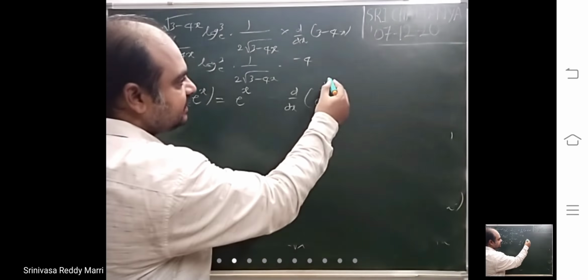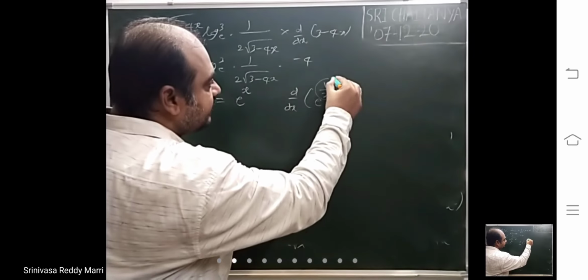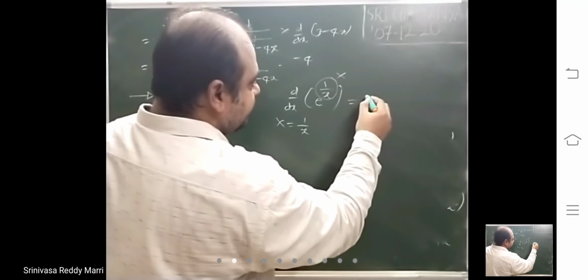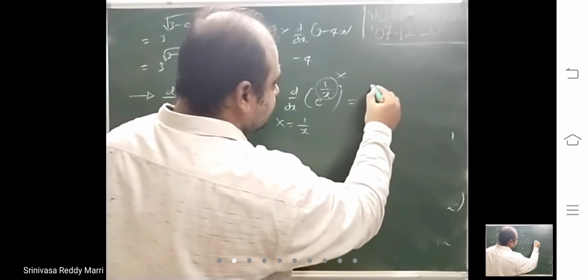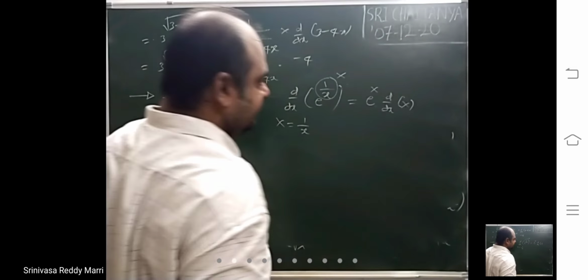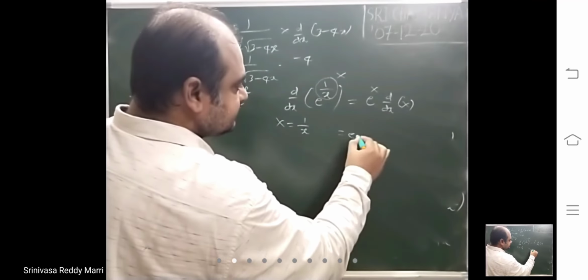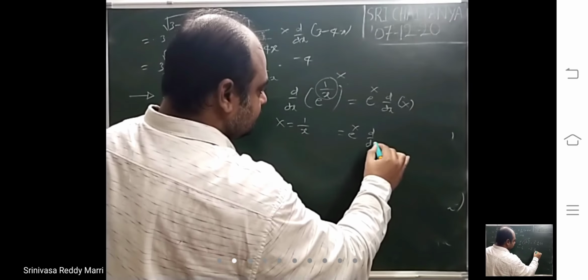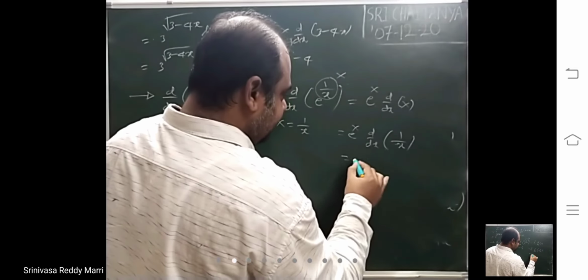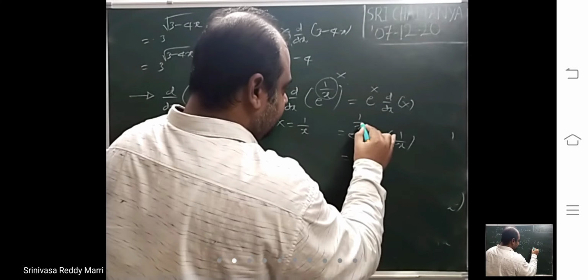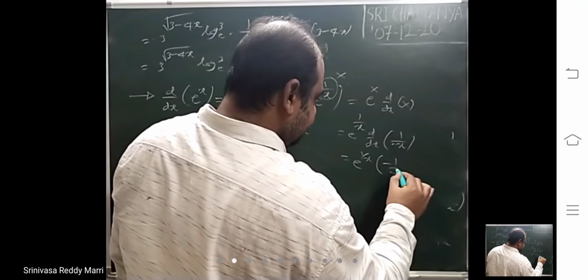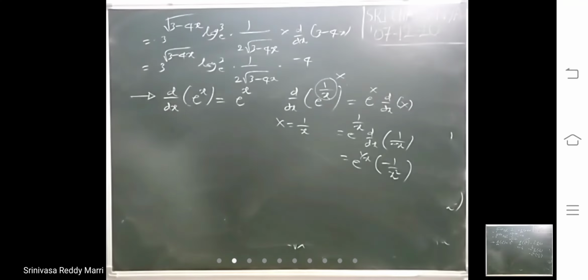For e power x, we consider this as capital X. That means e power capital X into the derivative of capital X. Simple, the e power capital X rule is this. d by dx of 1 by x is a standard rule. So e power 1 by x into minus 1 by x square.